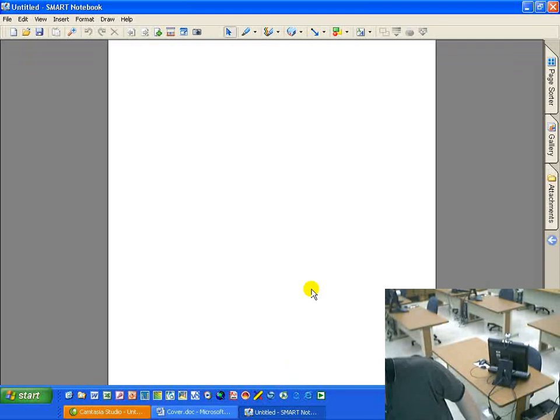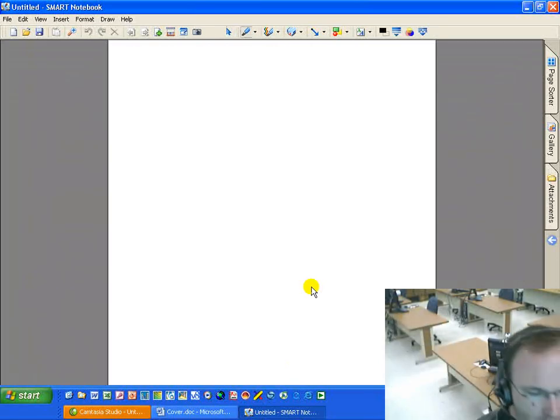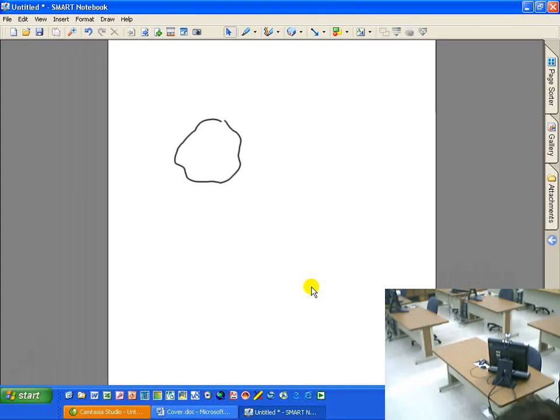Let's take a look at this. If we have a body with some forces acting on it, let's say we have a force here of 400 pounds acting at 220 degrees.